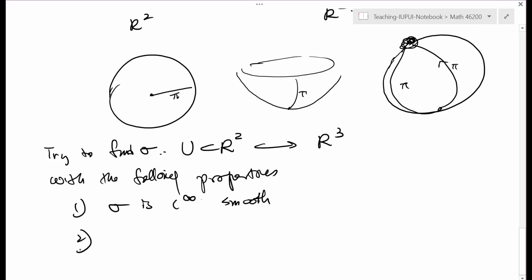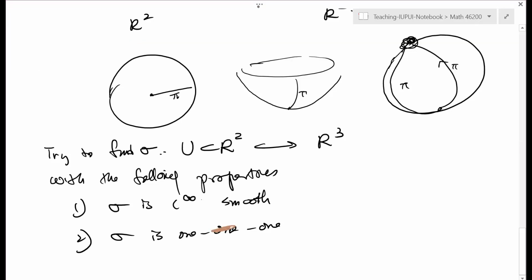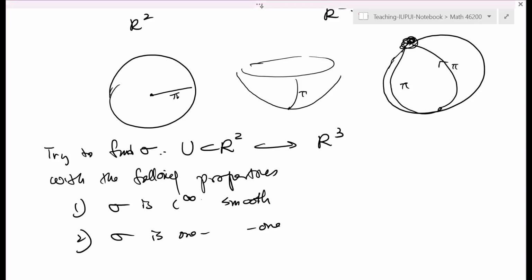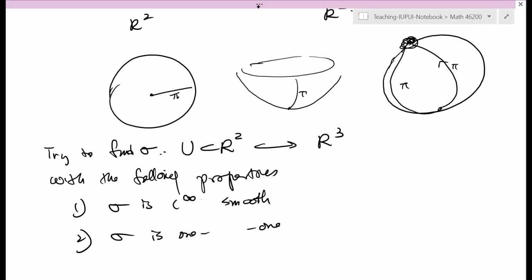Second, 1 to 1. I don't want 2 different points sent to 1 point. This must be 1 to 1, sometimes called injective.